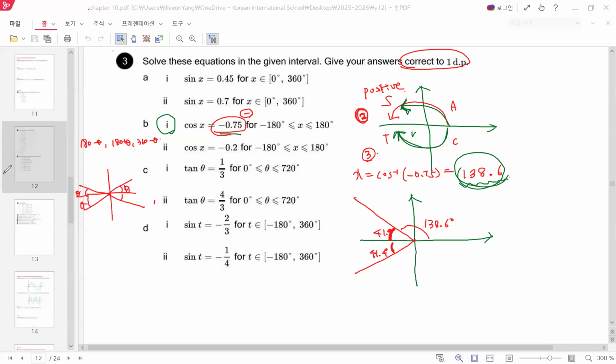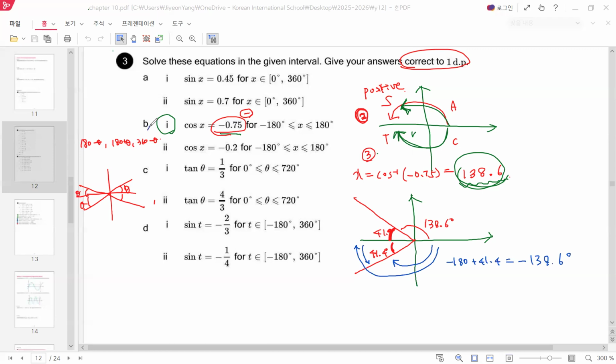So you need to find this angle on the negative direction. Negative direction. It means that negative 180 and then plus 41.4. Negative 180 plus 41.4, which is negative 138.6 degrees.